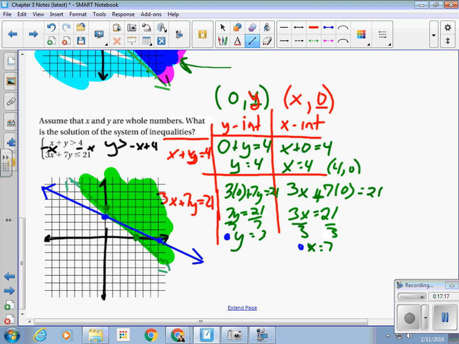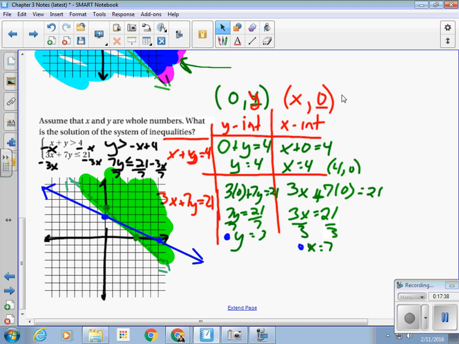Now I need to know whether I shade up or I shade below. So if I subtracted 3x from both sides and divided by 7, I can see that it's y less than, so I'm going to shade below. y is on the left-hand side of the less than, so we shade below.